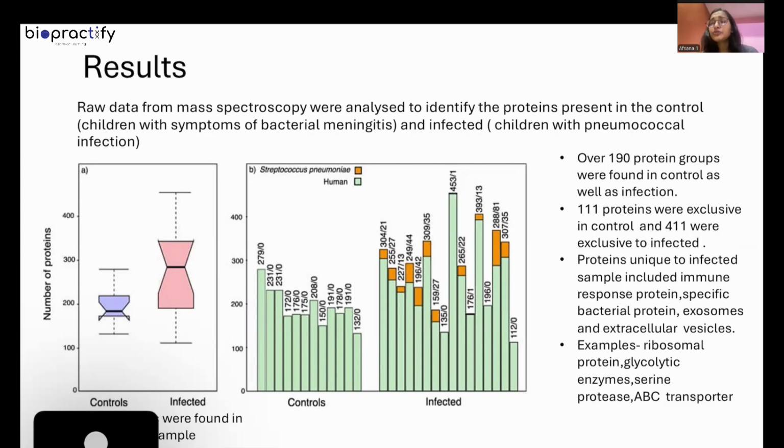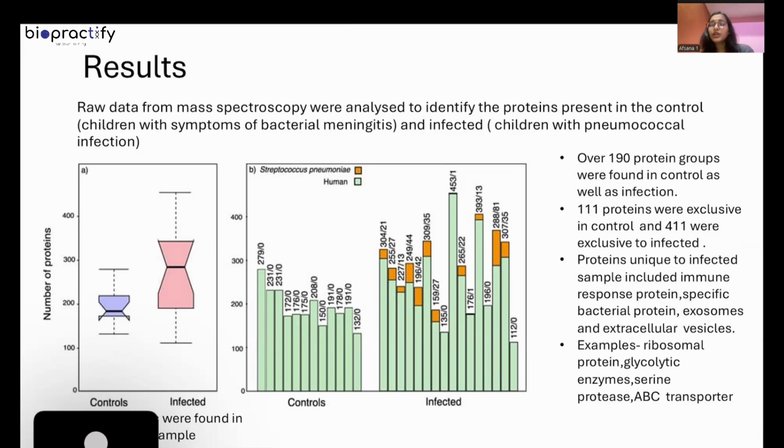In figure 2, we can see that around 190 proteins were commonly found in the control and the infected samples, but 111 proteins were exclusively found in the controls, and around 411 proteins were exclusively found in the infected samples. Out of these exclusive proteins, there were numerous proteins of immune response.